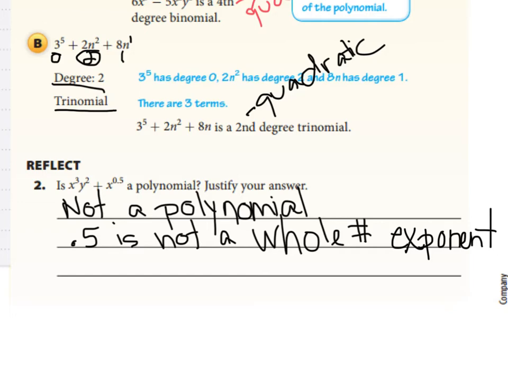So in order to be a polynomial, it first has to be a monomial.